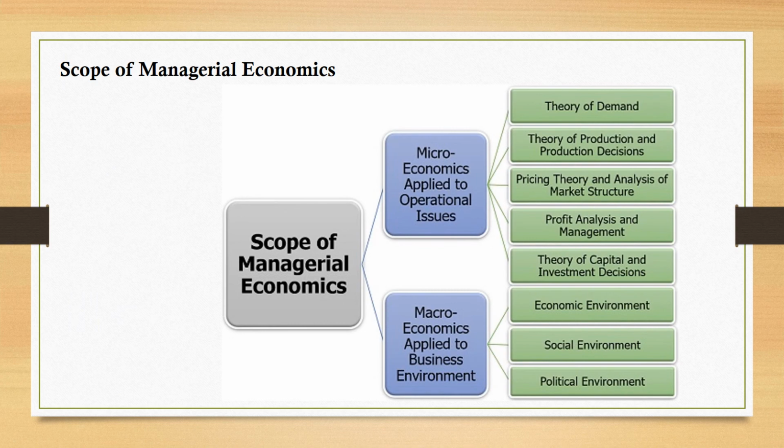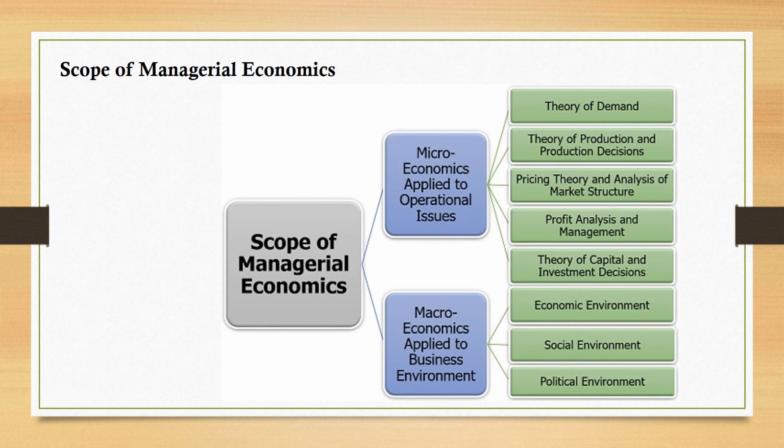Next, we will see the scope of managerial economics. Now, considering the scope of managerial economics, the scope is divided into two parts as per the nature predicted. So the microeconomics applied to operational issues, along with macroeconomics applied to the business environment.